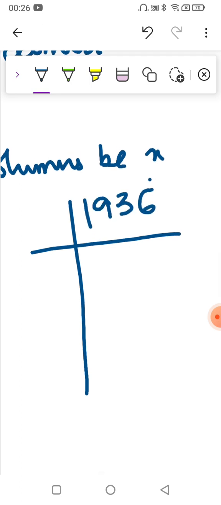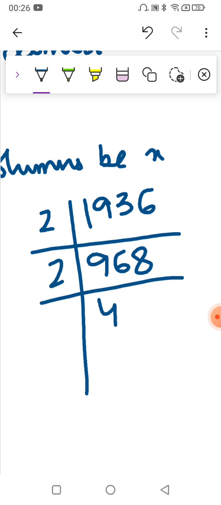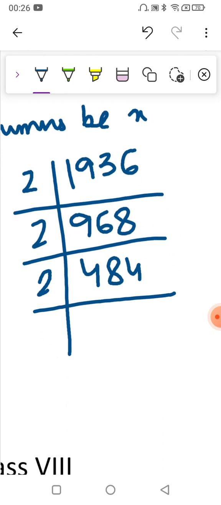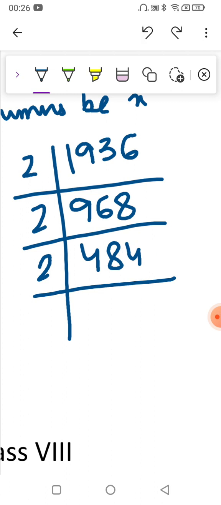1936, you can see 6 is in units place, that is an even number, so it will be divisible by 2 definitely. So with 2, we get 968. Again 8 is in units place, so it will also get divisible by 2. We get 484. Again with 2 because 4 is in units place, we get 242.